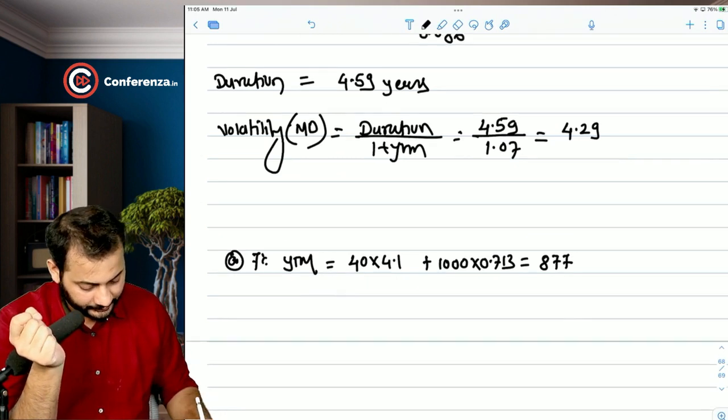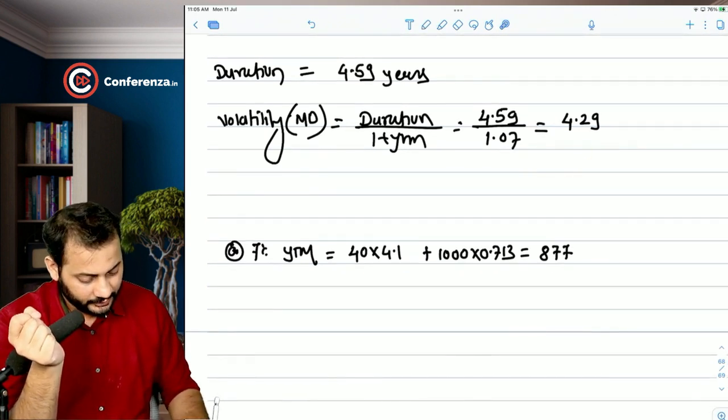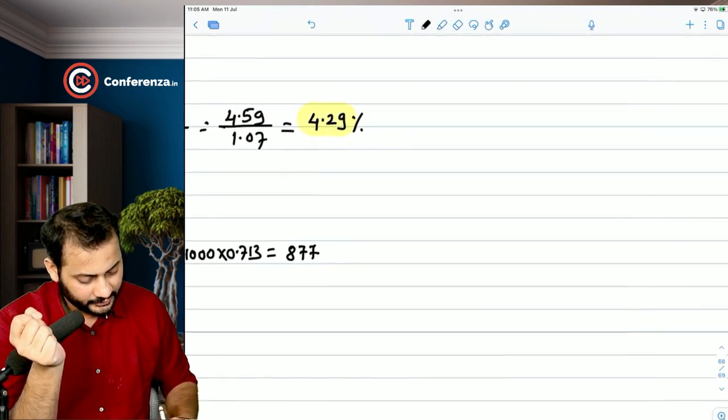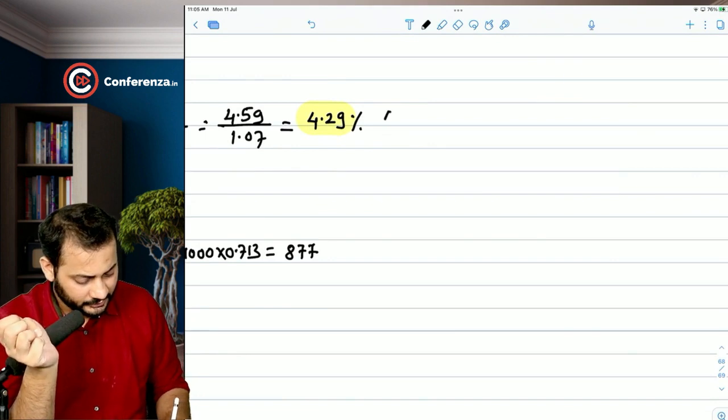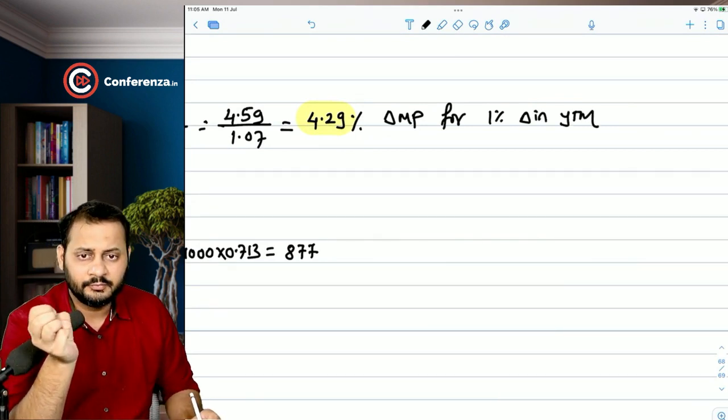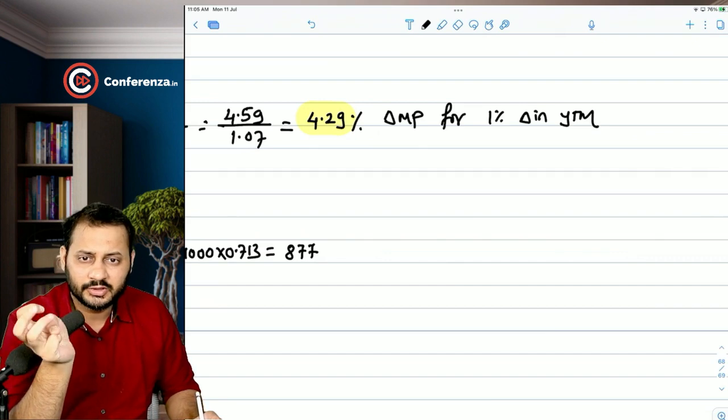Okay, great. So this is your volatility. This is one of the important figures. Now this is always represented in percentage, and what does that mean? This is the change in market price for a 1% change in YTM.